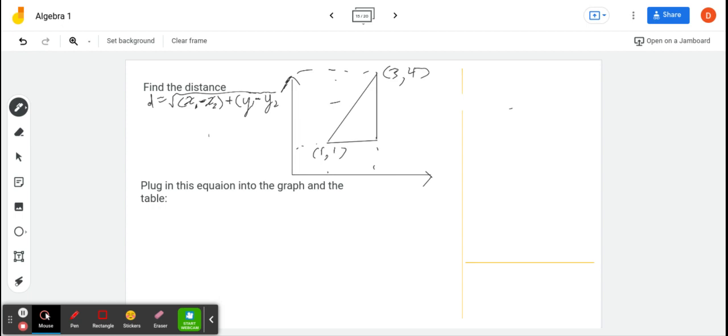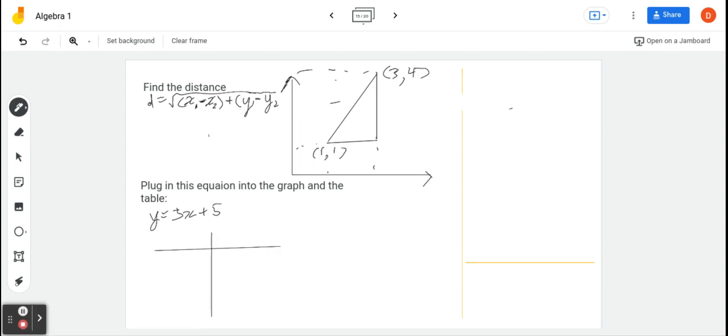Next over here, plug into equation table. So I'm just going to do y equal 5x plus 5. And here's the thing, if no one taught them how to do this, there's no way they would know. Therefore, I can't fault them if they never knew this. But x and y.